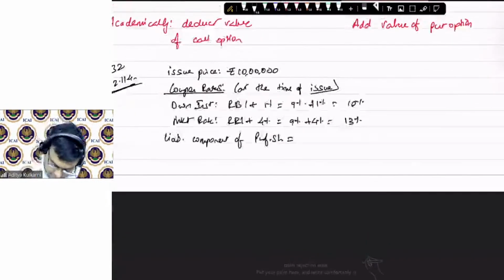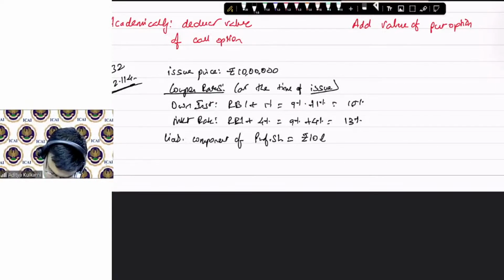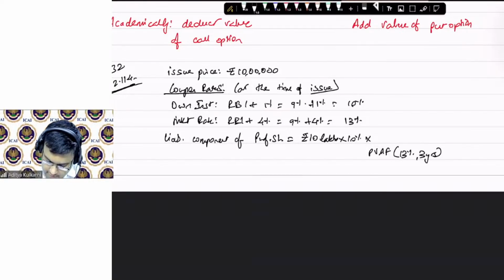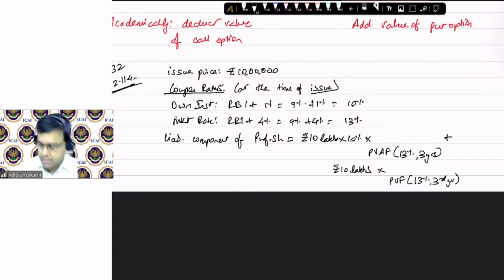So rupees 10 lakhs into 10% into present value annuity factor at 13% for 3 years, plus rupees 10 lakhs into present value factor at 13% for the third year.